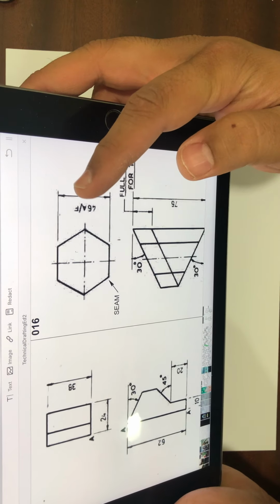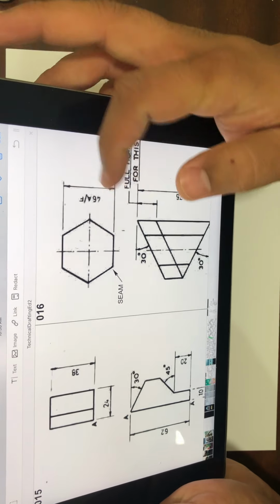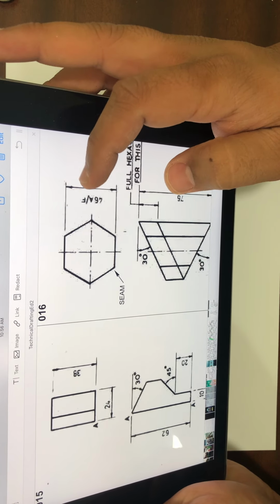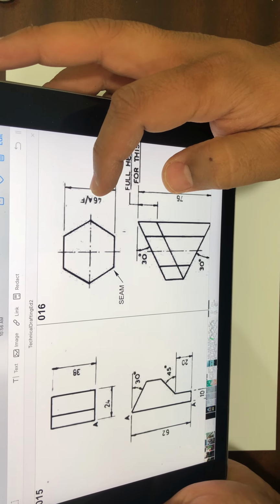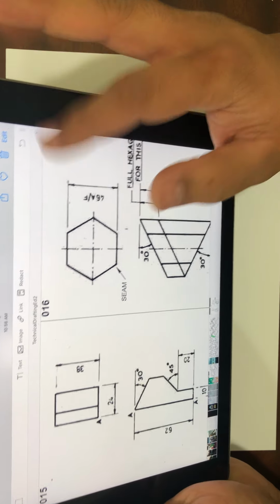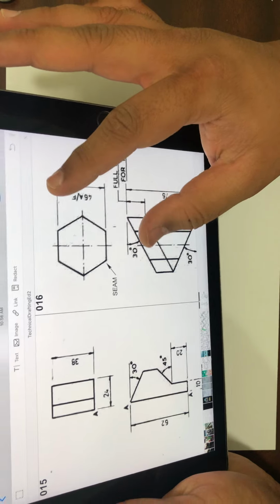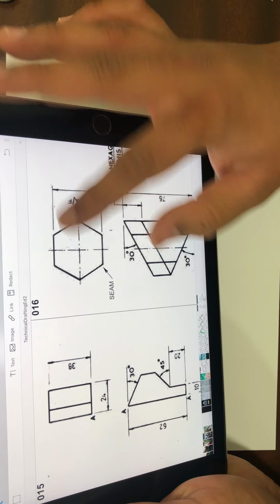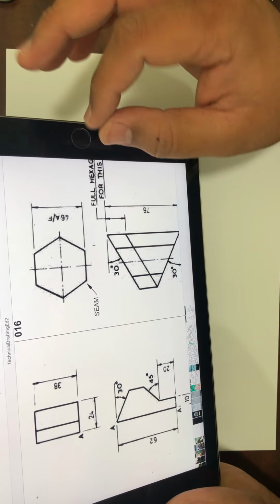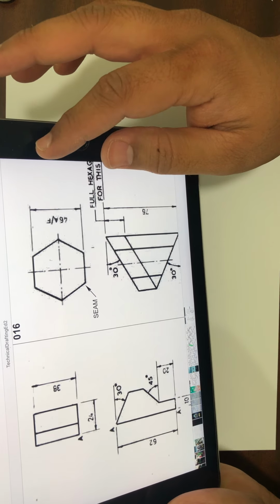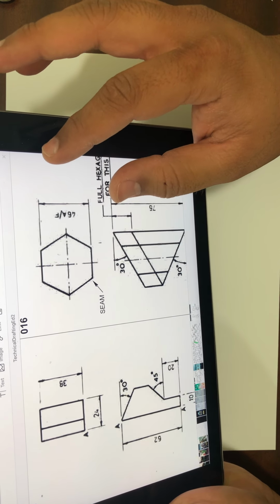So this is the sheet number 16. Here we have to draw a hexagon. It is given 46 across flats, but you don't have the set square, so let's draw with the common method with the horizontal flats. Here you can take the radius as 26 to get the similar hexagon.